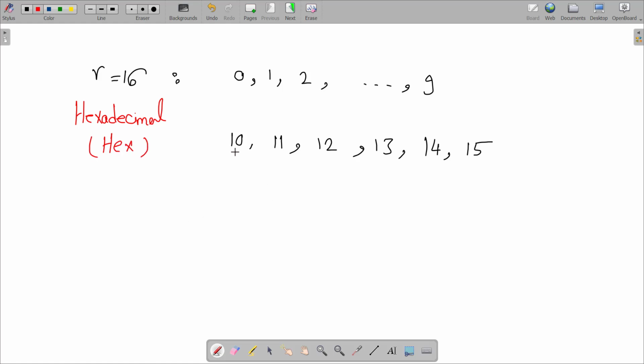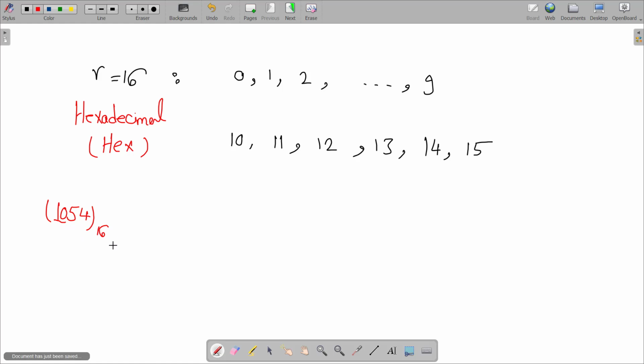Now, because 10, 11 up to 15 are represented by two digits, when we want to represent a number in hexadecimal form, we cannot use these two-digit symbols. For example, if I write something like that, we cannot tell whether this is 10 or 1 and 0.